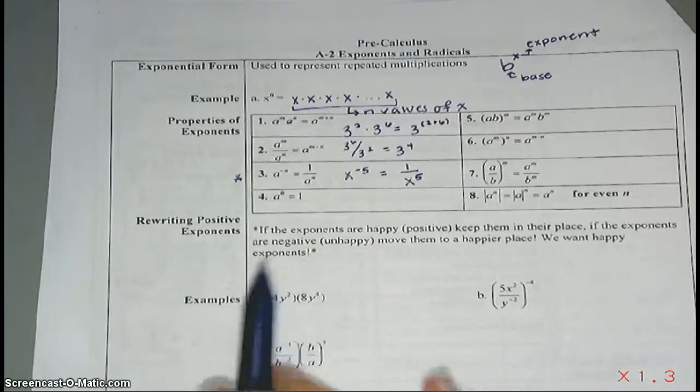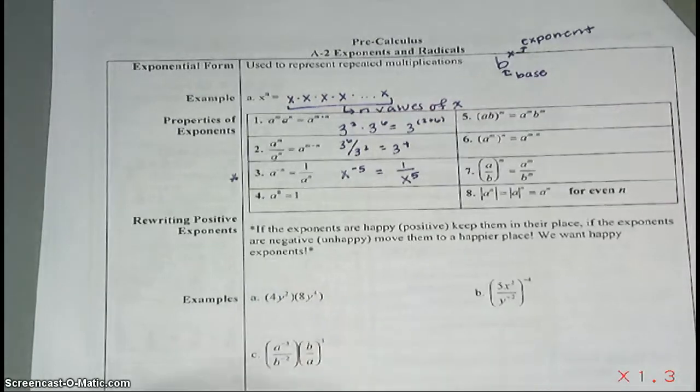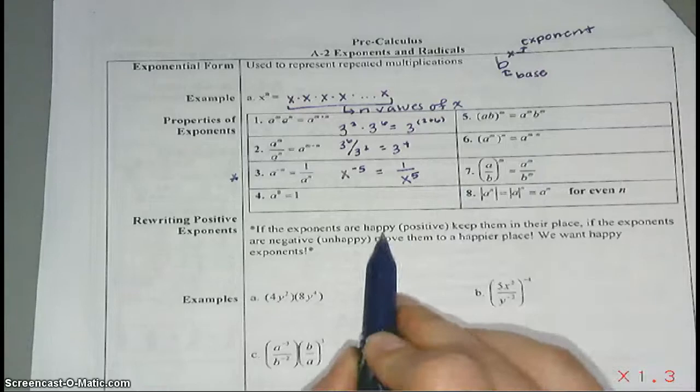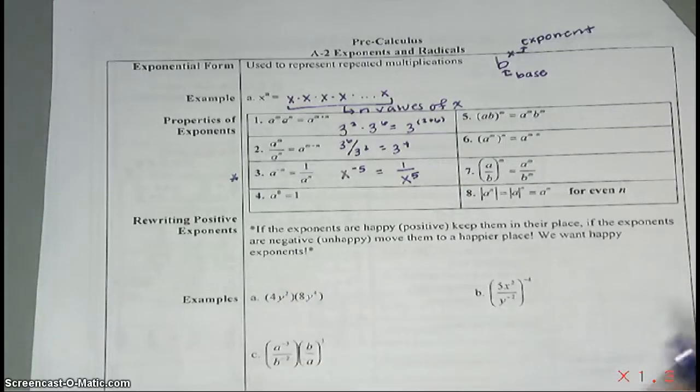I like to say that your exponents can be happy or sad. Positive exponents are happy, sad exponents are negative. Pretty much if a number has a negative exponent, so it's unhappy, you can move it to another place to make it happy.